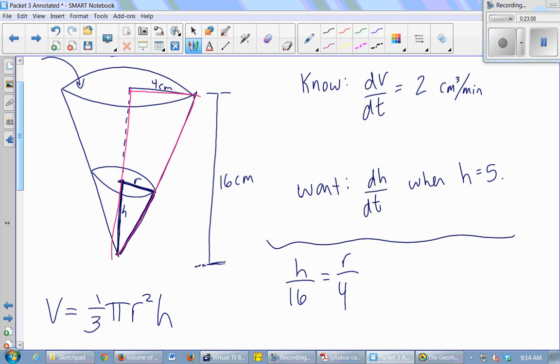And then I could solve for r in terms of h so that I'd only have one variable over here, because they didn't tell me anything about how r is changing. So I can't use r in this equation because I just don't know anything about it. I'm going to put in an h because h is what I want to know about. All right, so 4h equals 16r. Solve for r, and I get 1/4 h.